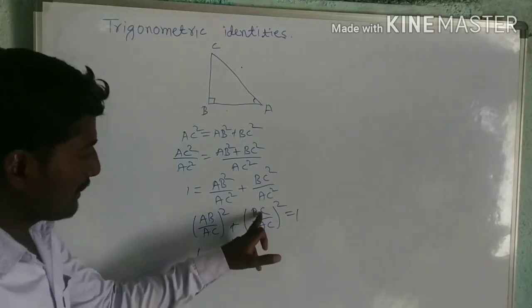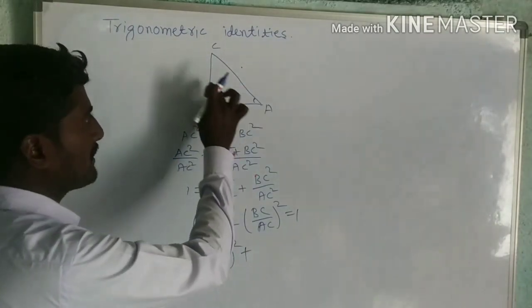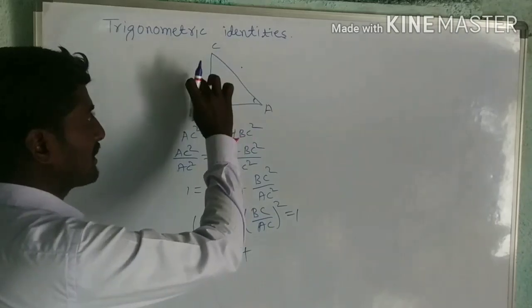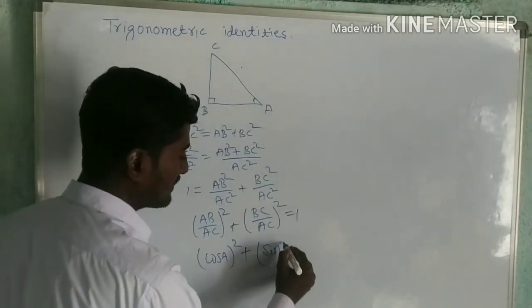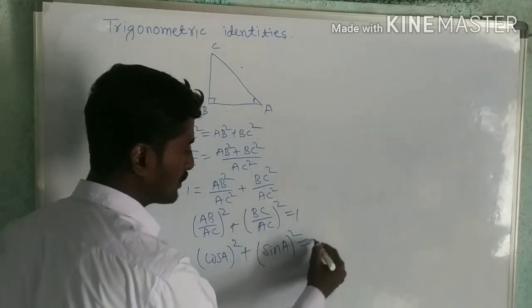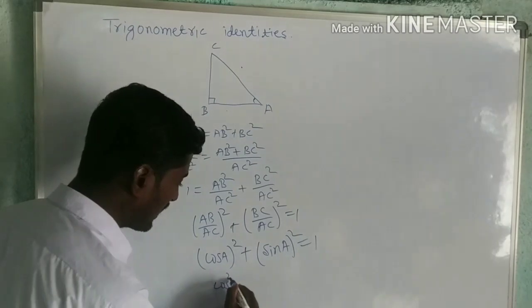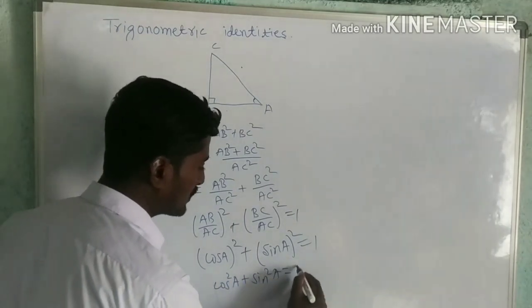Then BC by AC: for the angle A, BC is the opposite side, AC is the hypotenuse. BC by AC is opposite by hypotenuse, that is sin A. Sin A whole square is equal to 1. Now this can be written as cos square A plus sin square A is equal to 1.